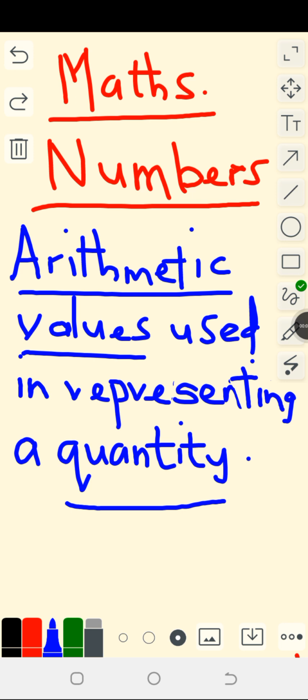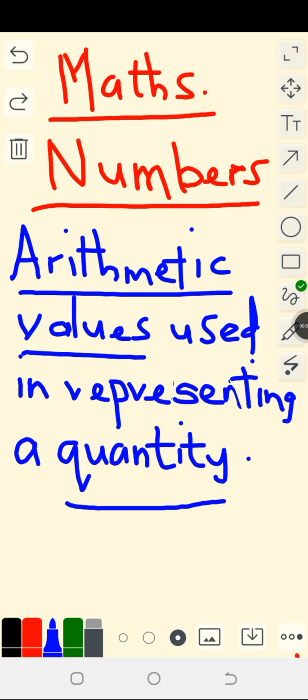As we all know, those things I mentioned, starting from addition to subtraction, are referred to as mathematical symbols or signs. So we say that when we apply any of those mathematical or arithmetic symbols on values, we use it to represent a quantity.